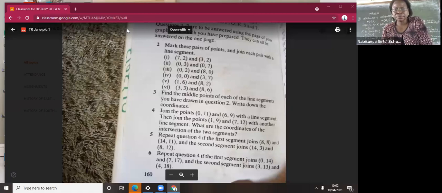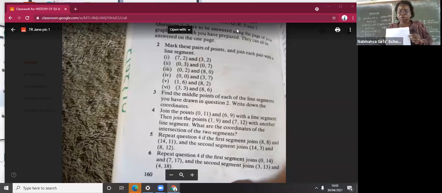Your name? Husna. Yes, Husna. According to our graph books, the squares are small. So do you consider the big square or the small squares?